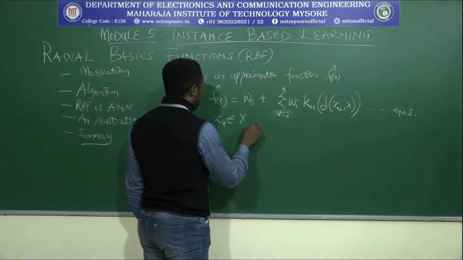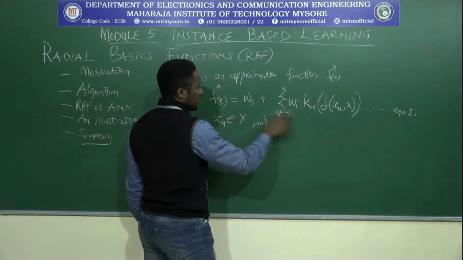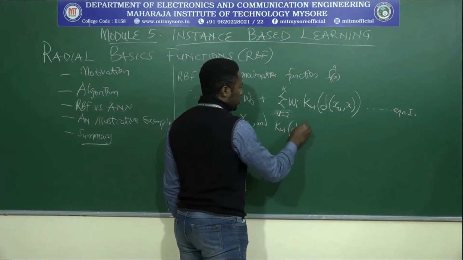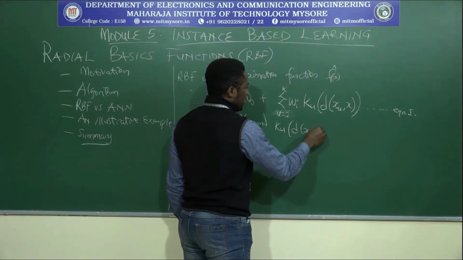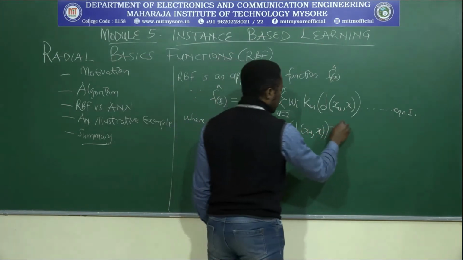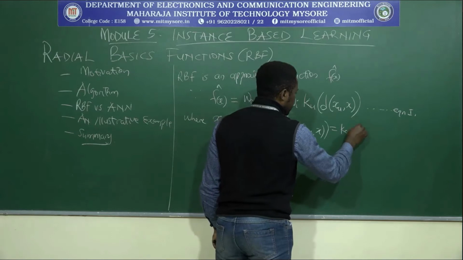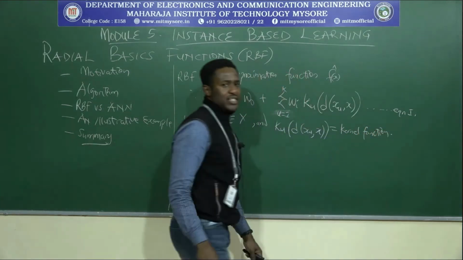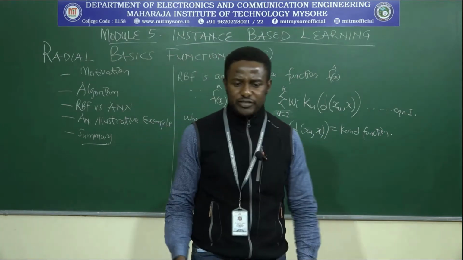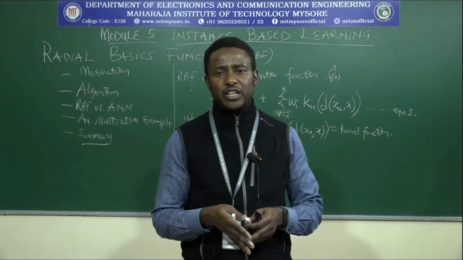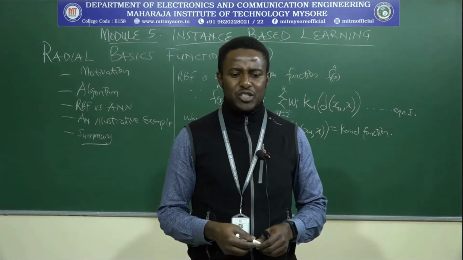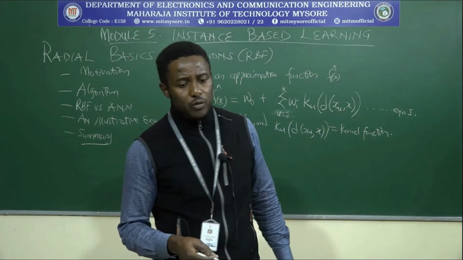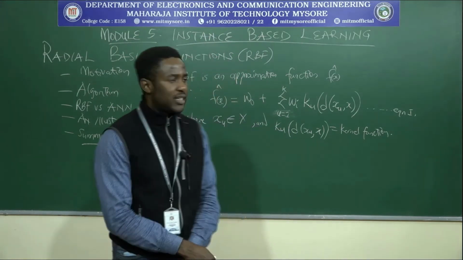And the kernel function K u of the distance between x u comma x, the instance, is the kernel function. Usually we say this kernel function is a kind of numerical value, it takes a constant value. And we know that this kernel function will decrease as the distance increases.